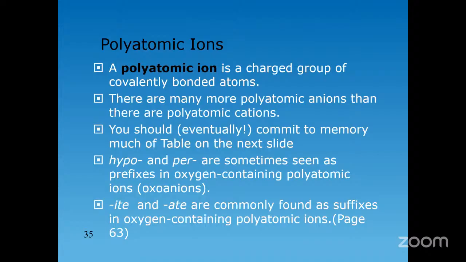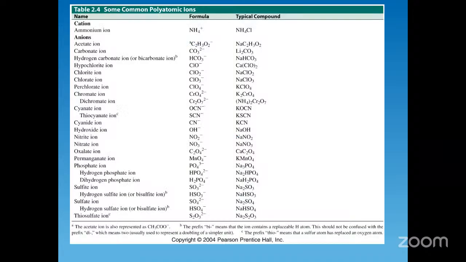So this is a relatively small list. I have 3 pages of more comprehensive lists of these ions, right? So what they all have in common is that it's a collection of atoms and that unit carries a charge, all right? And these are some examples here, and these are some formulas which contain polyatomic ions.